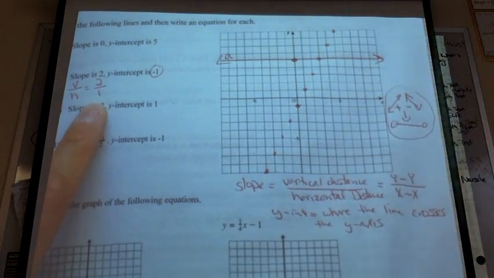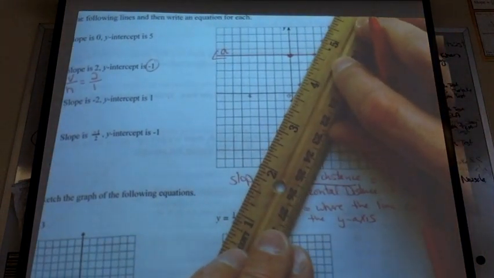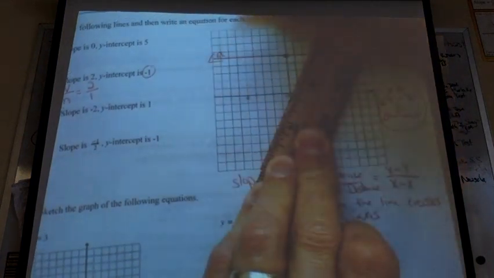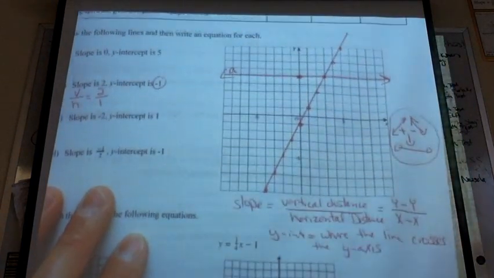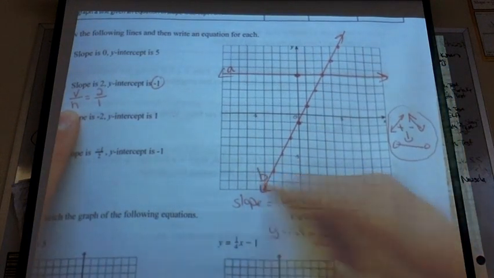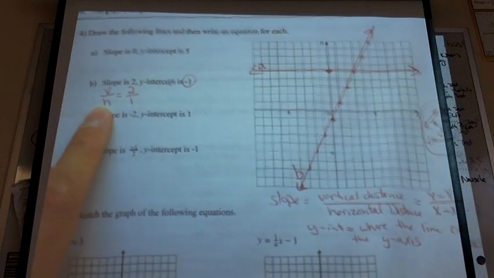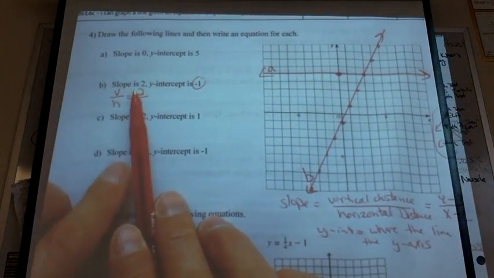So I made dots in every possible spot, and I want to make my line. And I want to label this B. So we found our y-intercept, we found our slope.